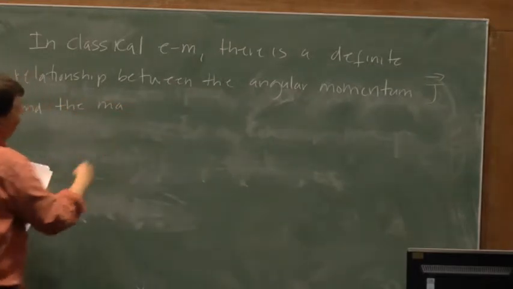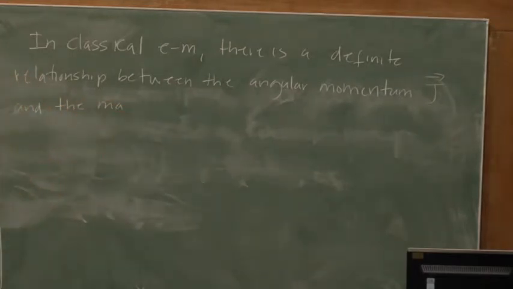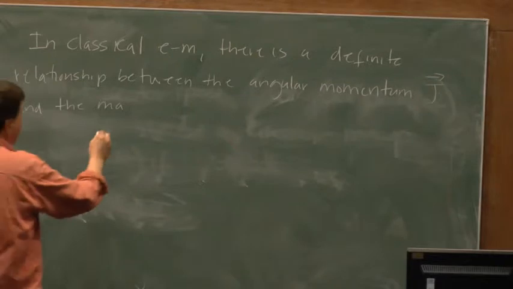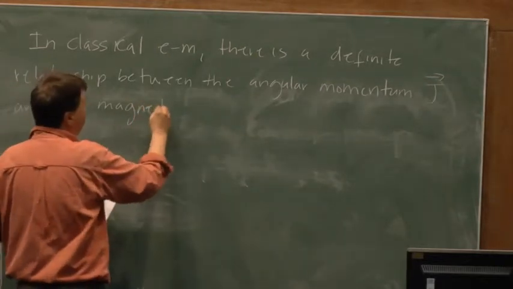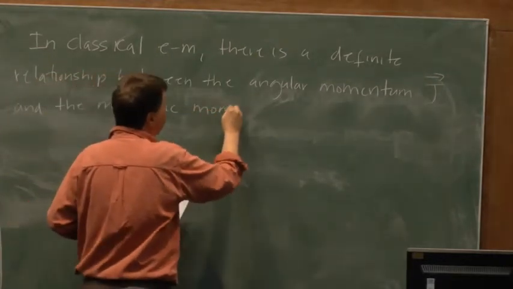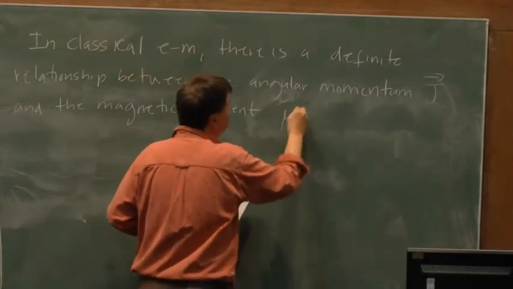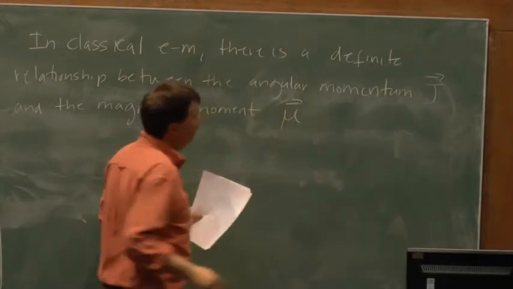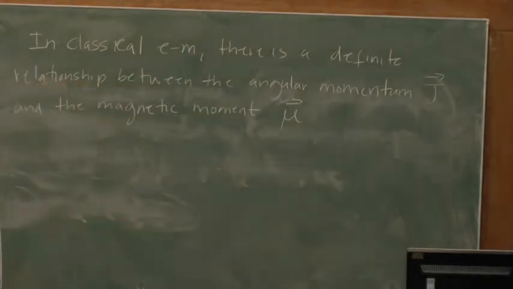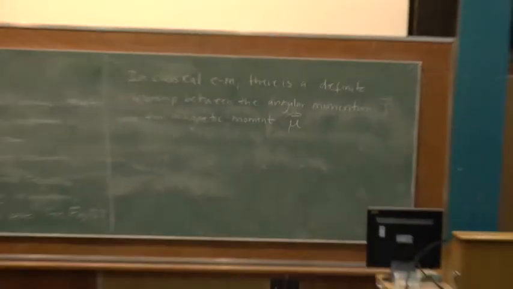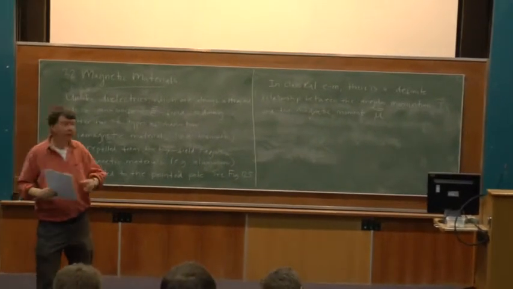I mentioned this when I first did the definition. The full name is magnetic dipole moment, but you'll usually just see it abbreviated to the magnetic moment, which we'll call mu. And mu, as I've said, points perpendicular to the plane of the circulating current.